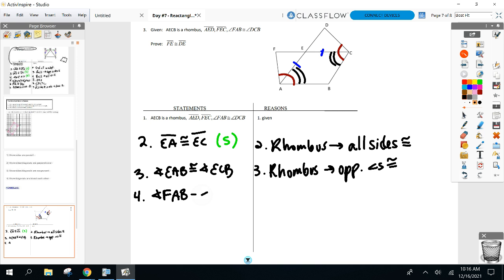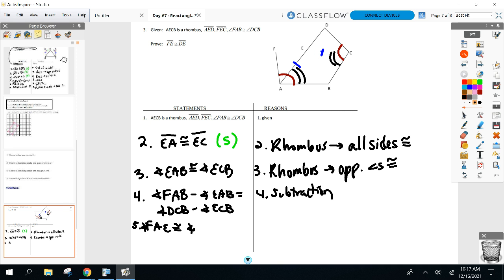Angle FAB minus EAB equals DCB minus ECB. Subtraction. And substitution to say the angles in the triangles now, which are FAE and DCE.